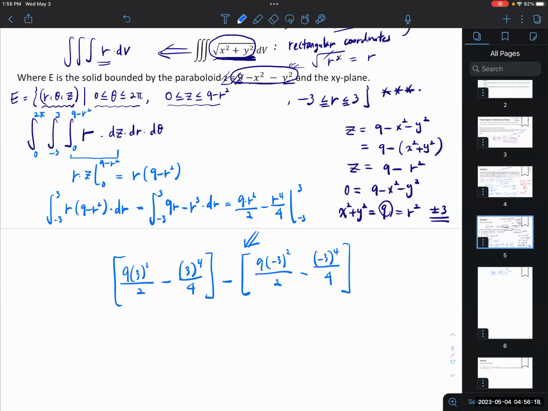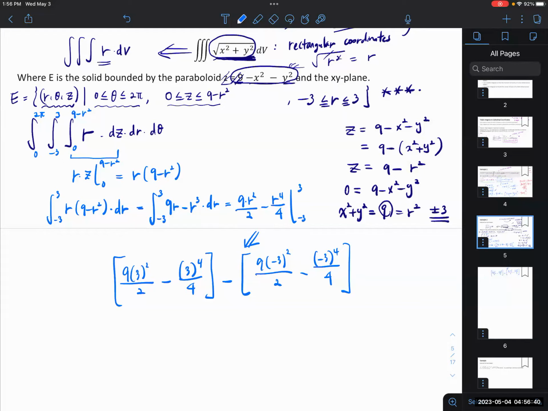So calculate it, what you're going to get. If you feel like this is complicated, just go to decimal and type it. So I'm going to use decimal: 9 times 9 divided by 2 minus 3 to the 4 divided by 4.